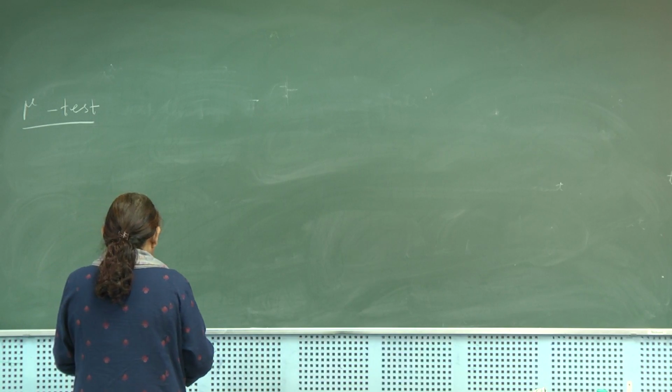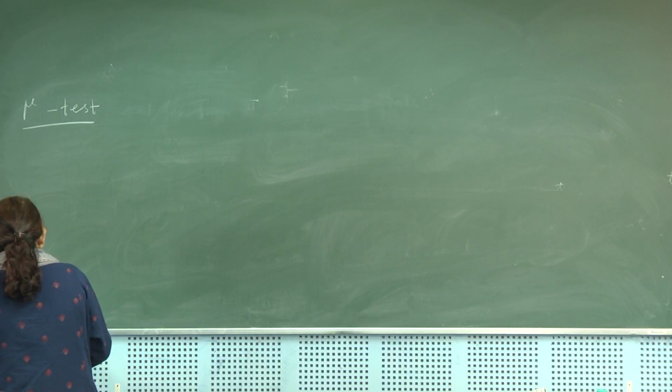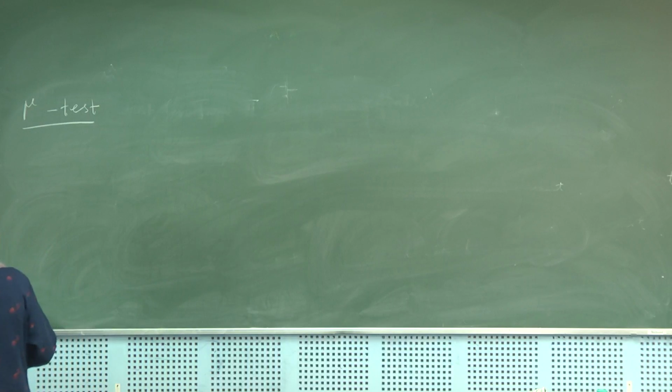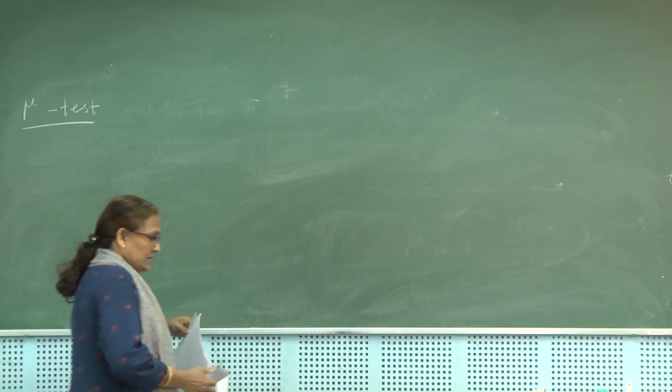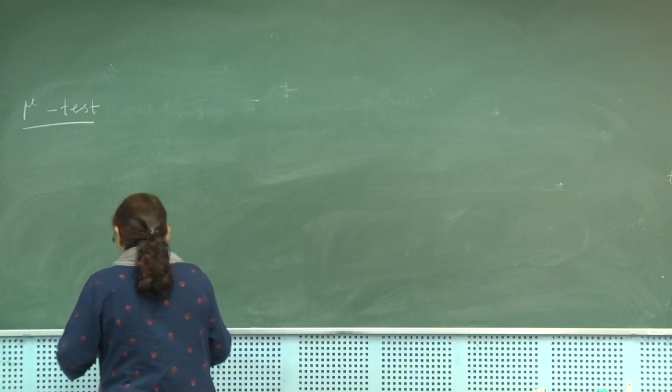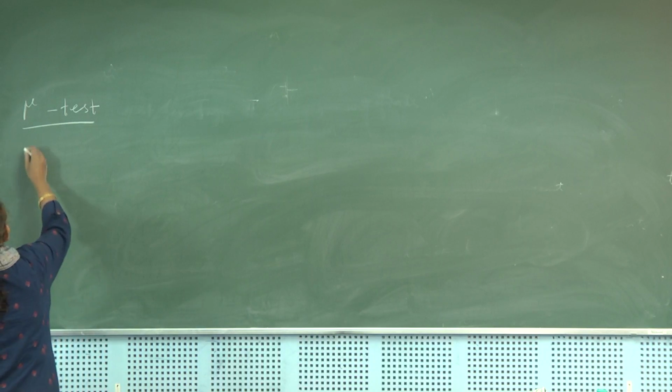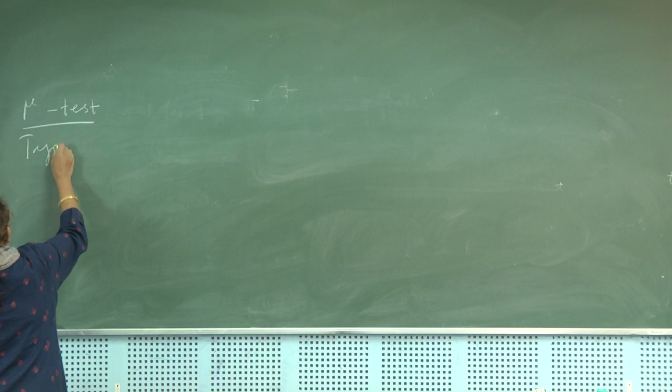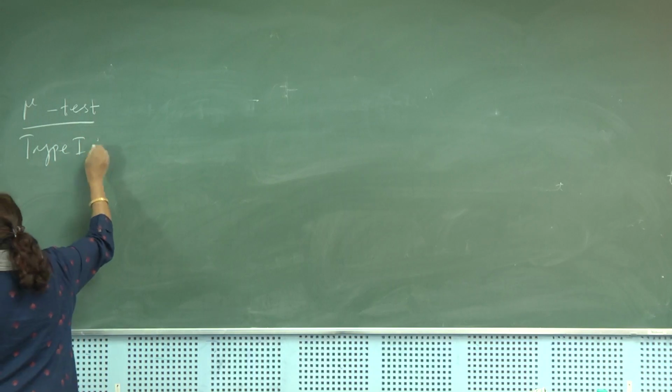So, let us consider what conditions we impose so that it will converge or diverge. Again, here first we shall look at the type 1 improper integral.